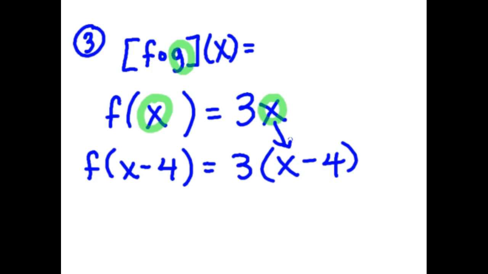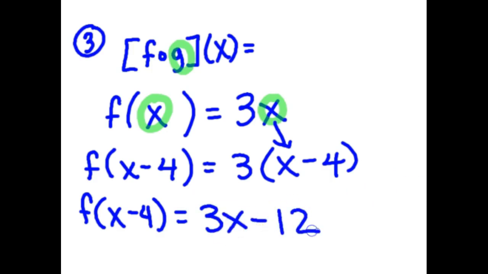Now, a guy was doing this earlier, and he got all of these wrong because he left out the parentheses. You are substituting in the entire function x minus 4. The x minus 4 is all multiplied by the 3. What am I going to do with the 3? That is the answer to the first part.